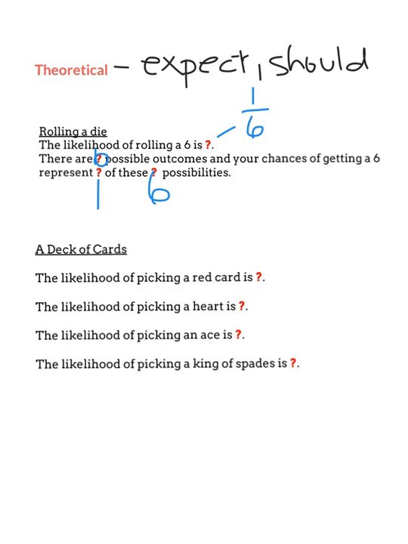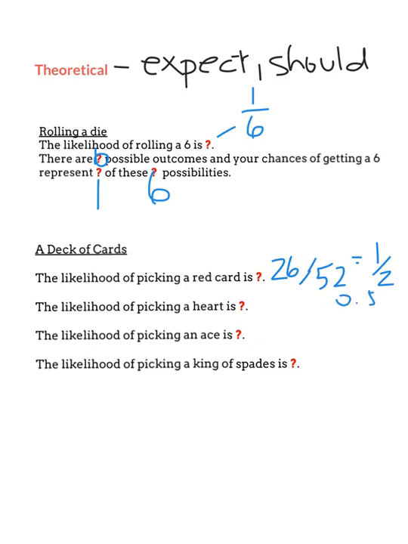So the first question is, what is the likelihood of picking a red card out of the deck? In my deck, the total possible cards, my denominator, is going to be 52 in every scenario because a standard deck of playing cards has 52 cards. Out of those 52 cards, 26 of them are red. So half of my cards are red, or 0.5, or 50%.